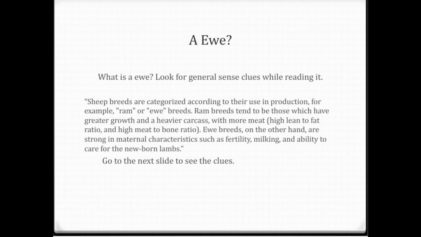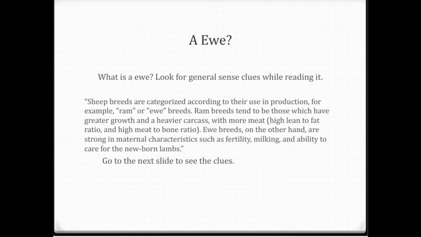Do you know what a ewe is? No? Look for general sense clues while reading the following paragraph. Pay attention to special vocabulary and general sense clues. Sheep breeds are categorized according to their use in production. For example, ram or ewe breeds.